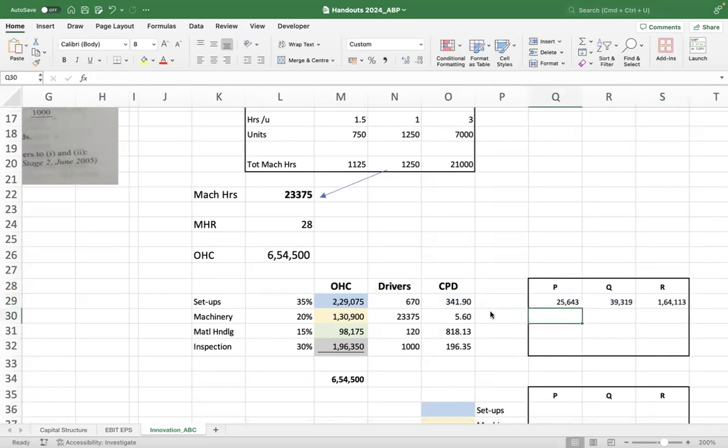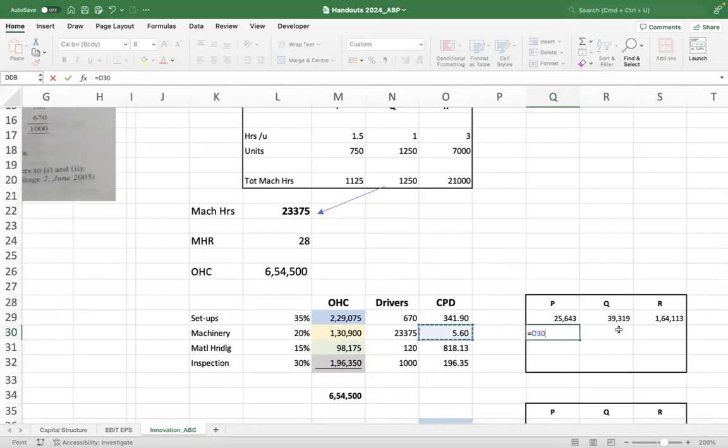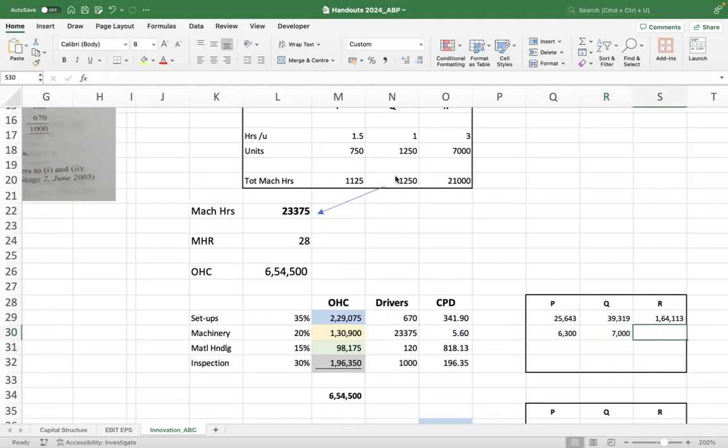Right? What about machinery? 5.6 per machine hour into machine hours पता है हमें कितना है P, Q and R के लिए? 1125, 1250 and 21,000 machine hours. Right?